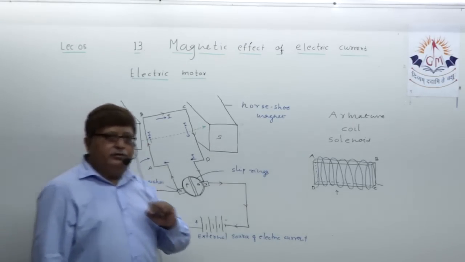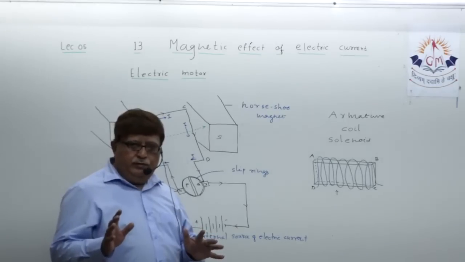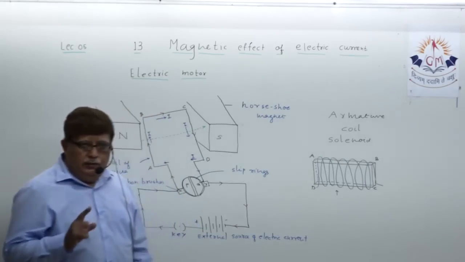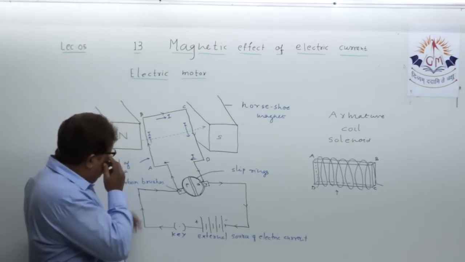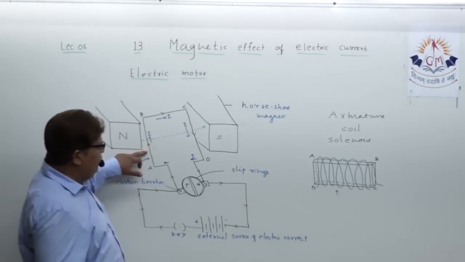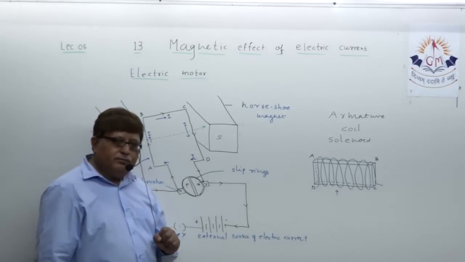So one thing is clear, that electromagnetic force is going to be active on two ends, AB and CD.